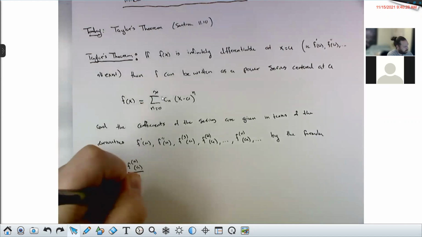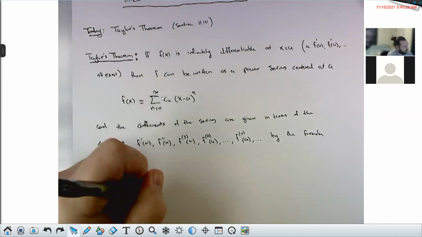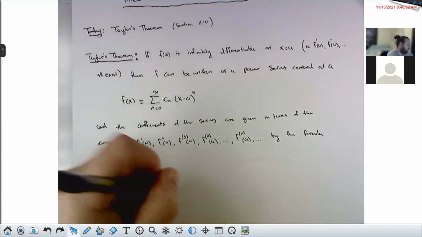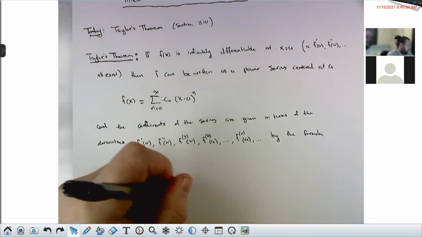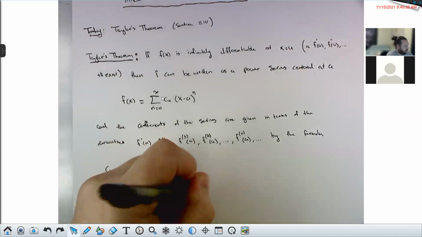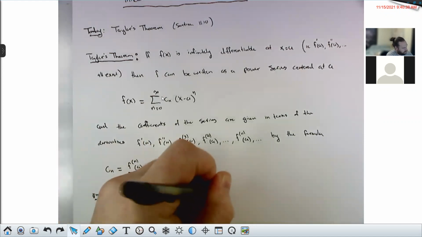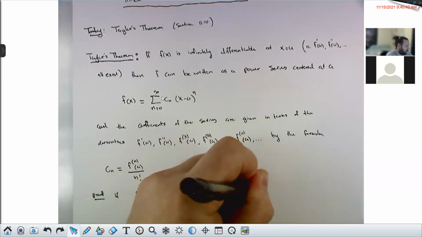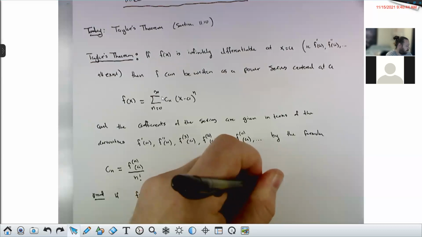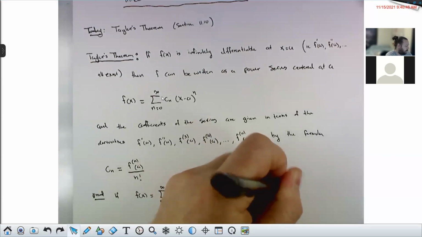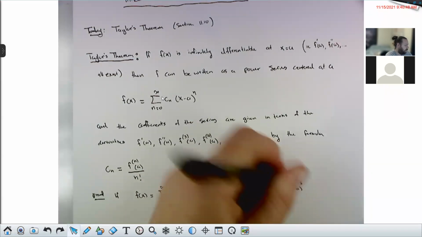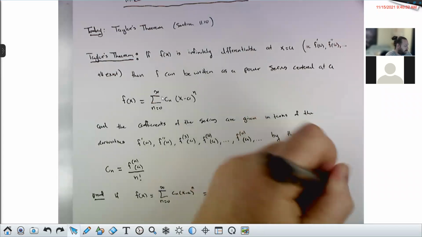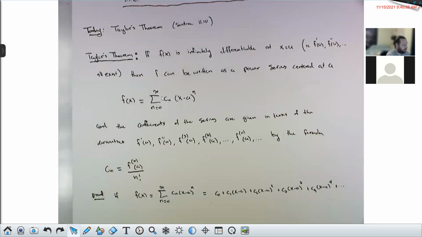If f of x is the sum from n equals 0 to infinity of Cn times x minus a to the n, that is C0 plus C1 times x minus a plus C2 times x minus a squared plus C3 times x minus a cubed plus C4 times x minus a to the 4, and so on.